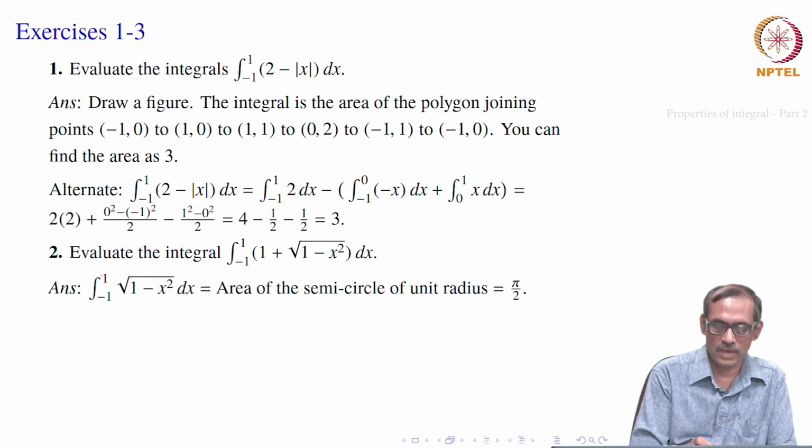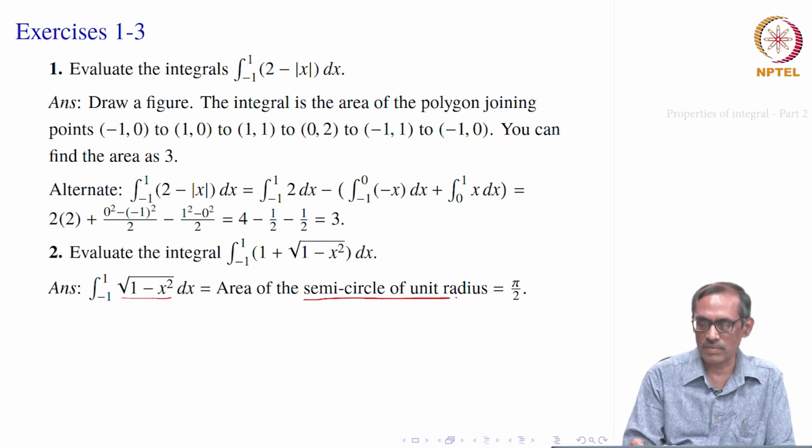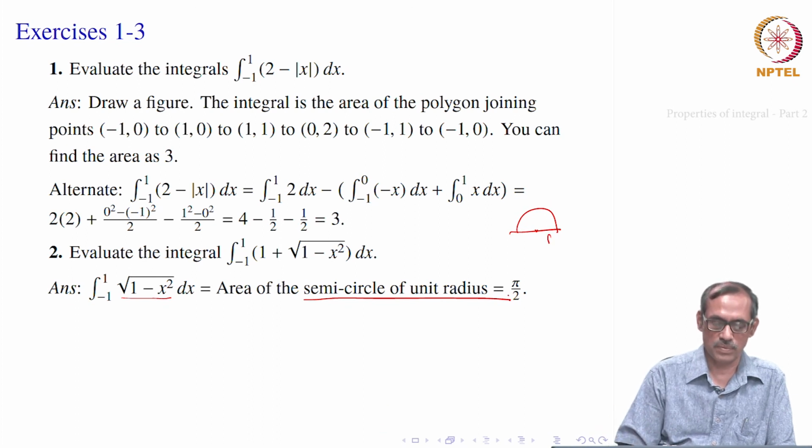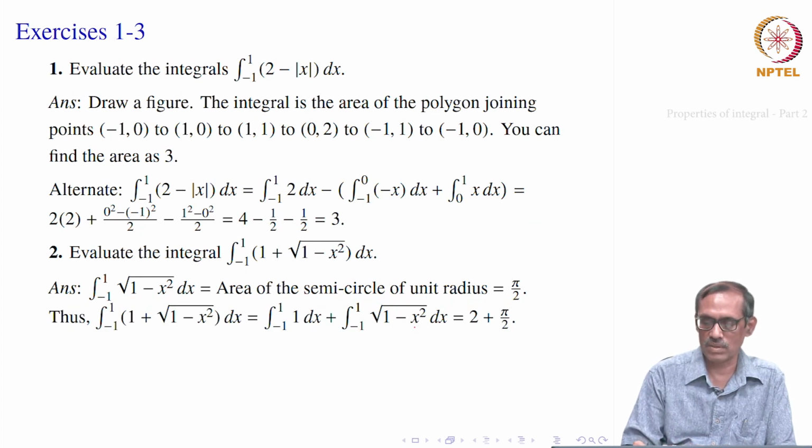In fact, we know y equal to square root of 1 minus x square, from minus 1 to 1, describes the semicircle of unit radius lying above the x axis, from minus 1 to 1. So, its area is pi by 2. Then you can use the property of the integral to see that integral minus 1 to 1 of dx plus integral minus 1 to 1 of square root of 1 minus x square is 2 plus pi by 2, fine.